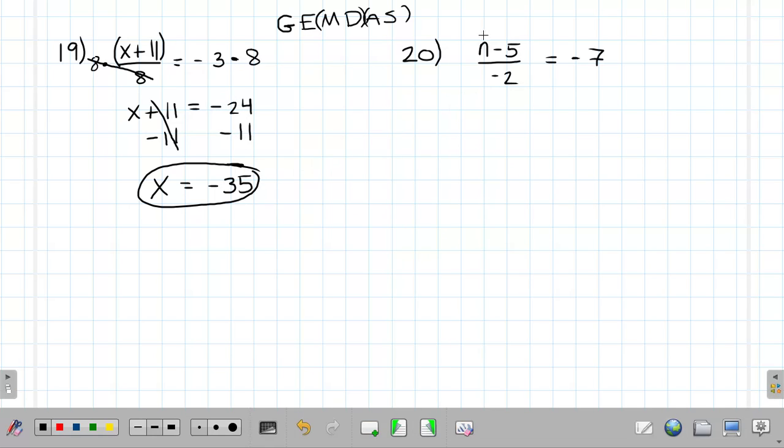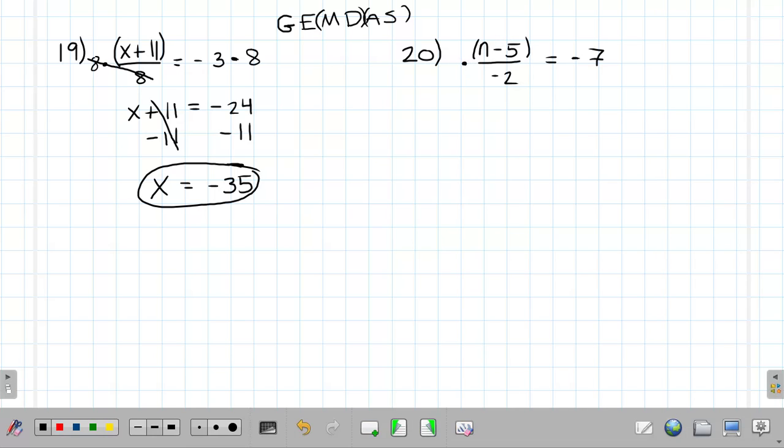We do the same thing here. If we plugged in something for n, we would do n minus 5. Then we would divide by negative 2. But since the n minus 5 is kind of grouped together here because of this fraction bar, since we're subtracting 5, then dividing by negative 2, that means we need to multiply times negative 2, then add 5.